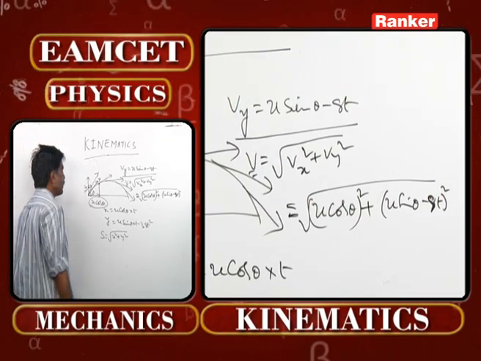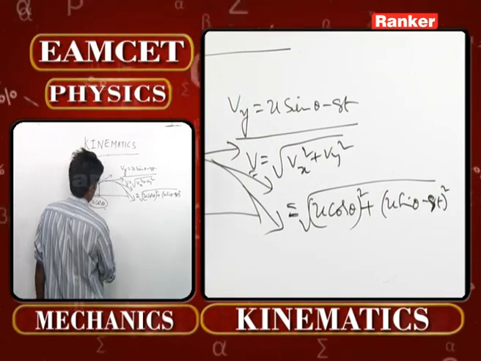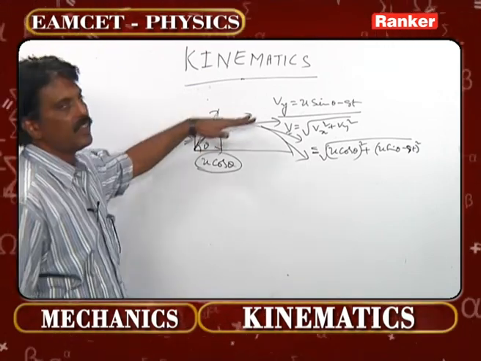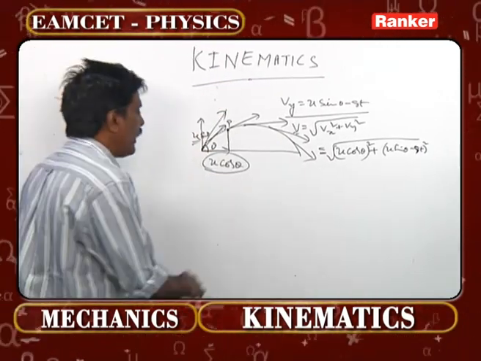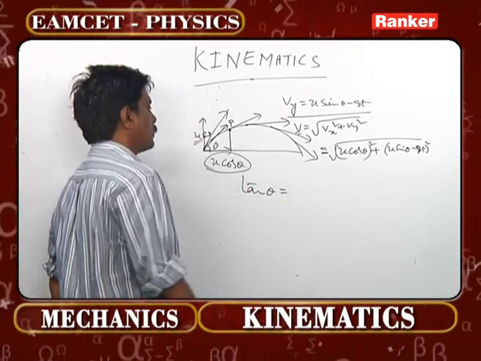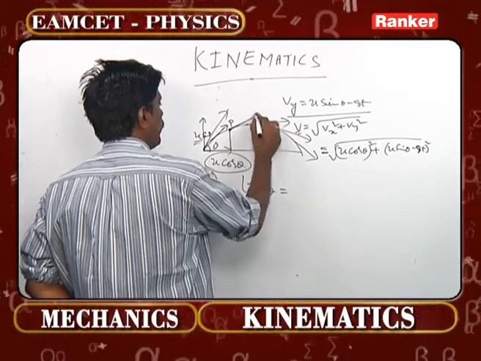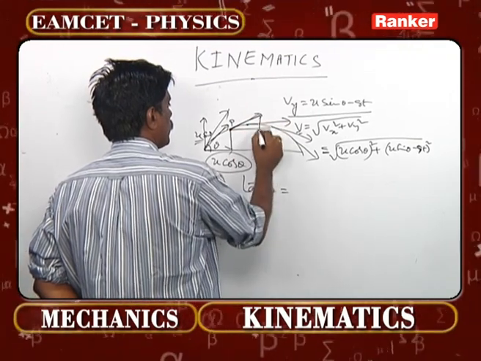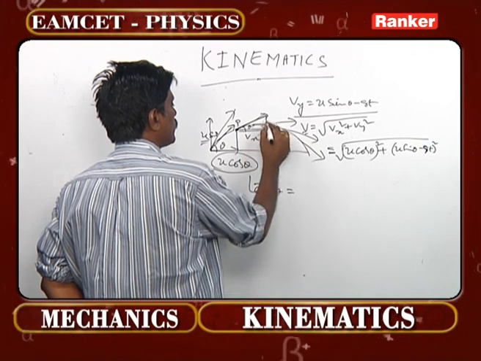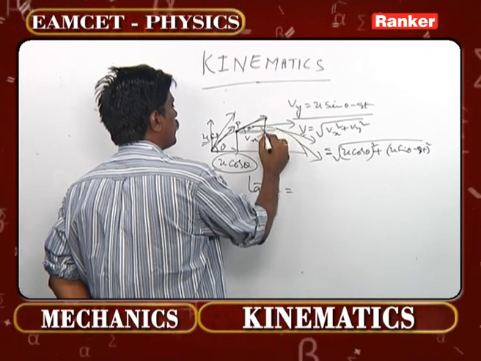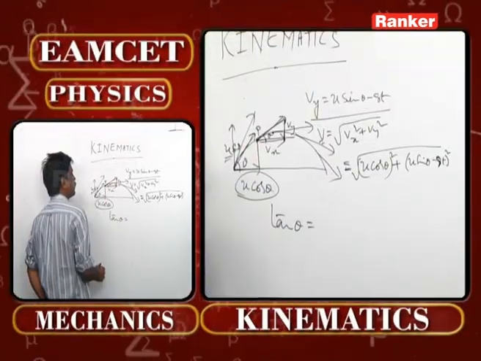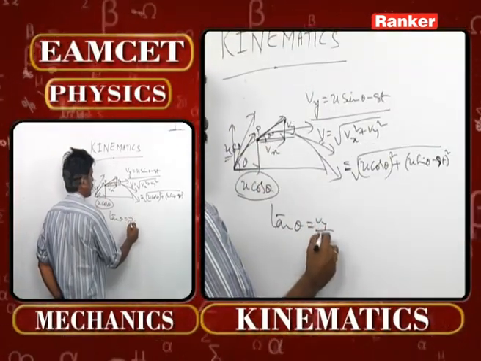One more thing which is asked in projectile motion is, what is the angle made by the projectile at any instant of time? Remember that if this is theta, in this direction velocity is Vx, in this direction velocity is Vy. So, tan theta is equal to Vy by Vx.